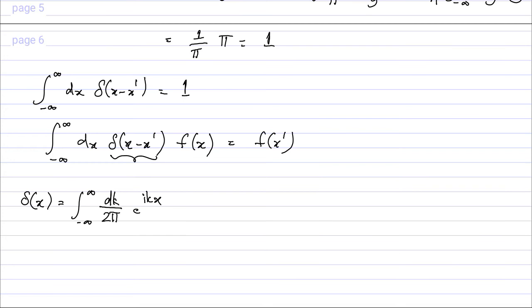By the way, this integral just means that you are adding up a continuous set of sinusoidal functions to get a function which is totally localized at the point x equal to 0. So that's what this integral is essentially implying. Now you have this identity which says that for any constant a, this is true.